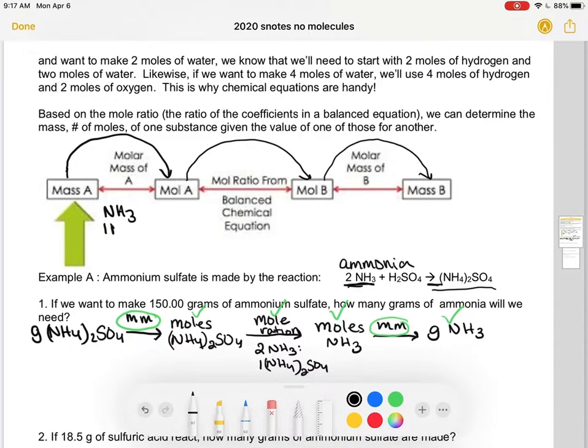Okay, we have one N that has a mass of 14.007, and we have three H's that have a mass of 1.008 each. Okay, so that gets me 14.008 plus 3.024.